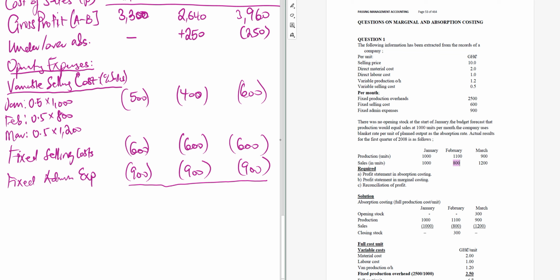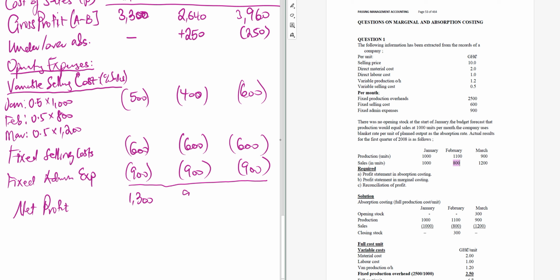Okay, so we have 3,300 minus 500 minus 600 minus 900. That gives us 1,300 as our net profit for the very first period. Then we have 2,640 plus over absorption of 250 income, minus expenses of 400, 600, 900.